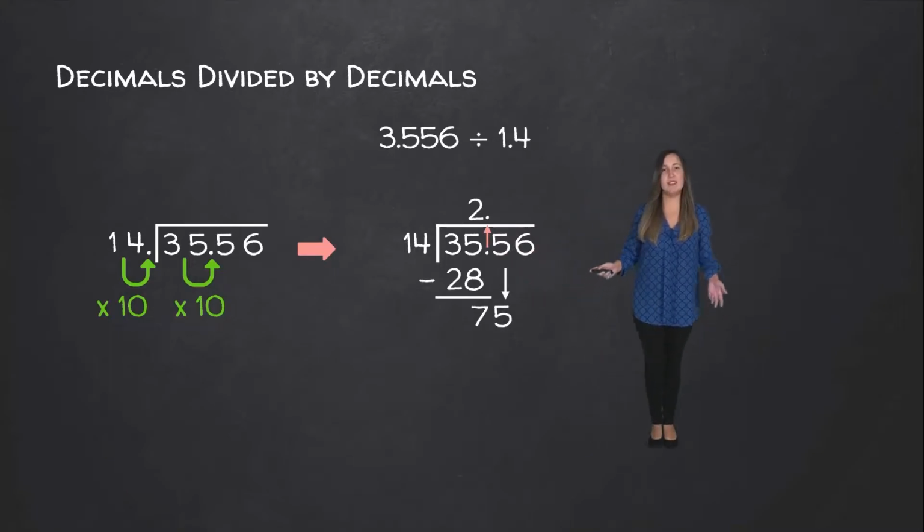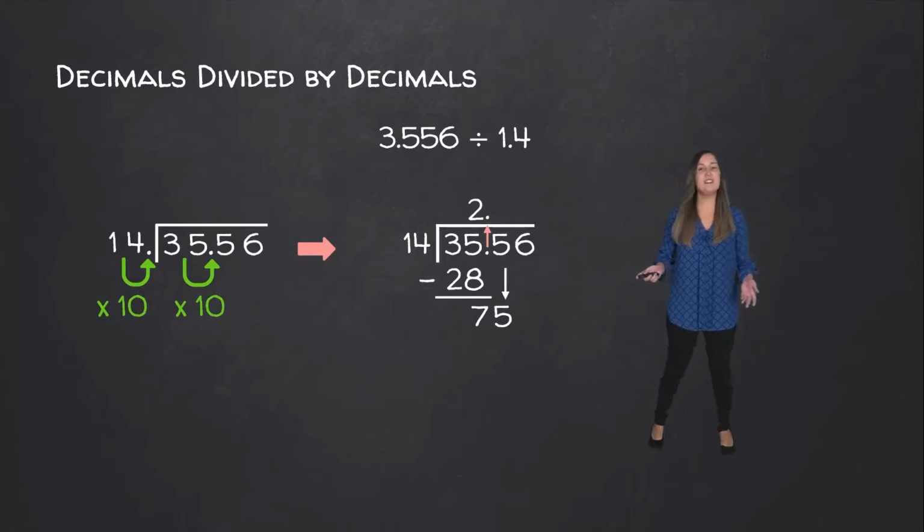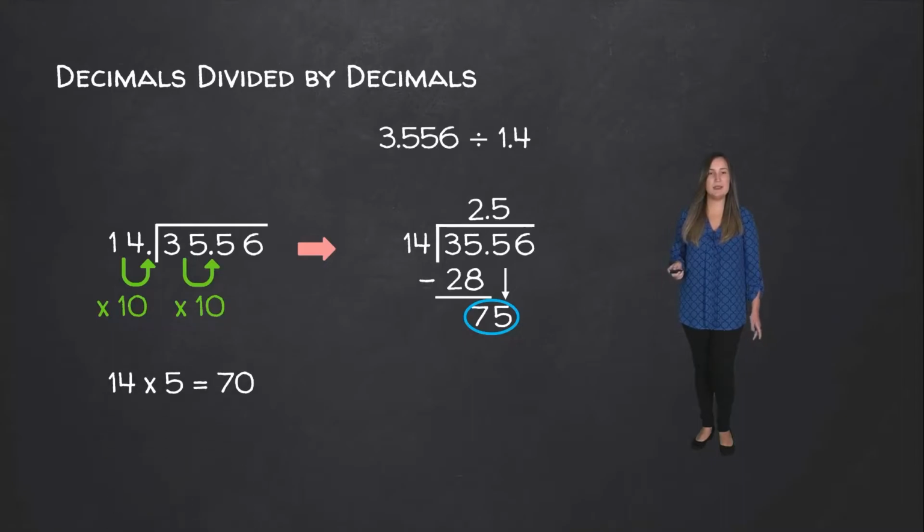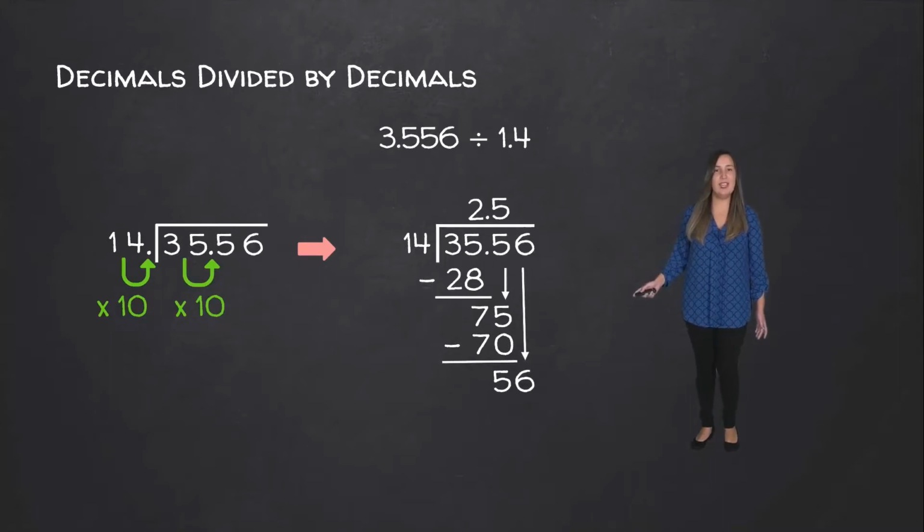So we have 75, and we ask ourselves, how many times does 14 go into 75? That would be 5 times, because 14 times 5 is equal to 70. We write our 70 down, and then we subtract. 75 minus 70 is equal to 5. Then we bring the 6 down, and we have 56.